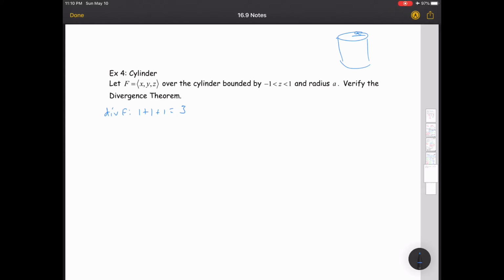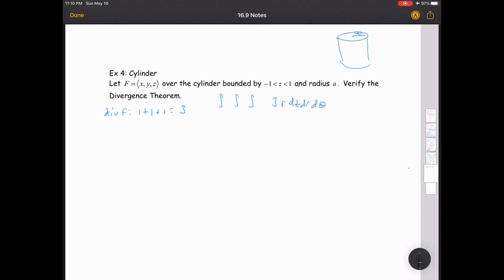So our flux will be the triple integral of 3. And since it's cylindrical, it will be r dz dr d theta. We needed to put that extra r in there because that is part of the cylindrical.